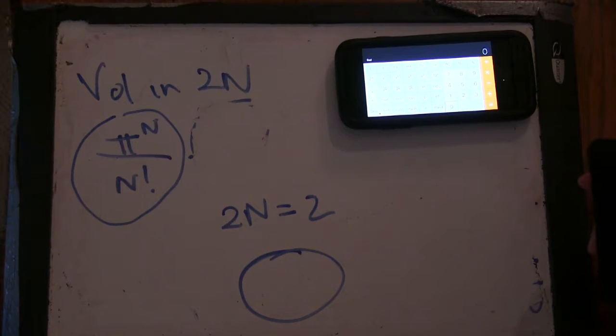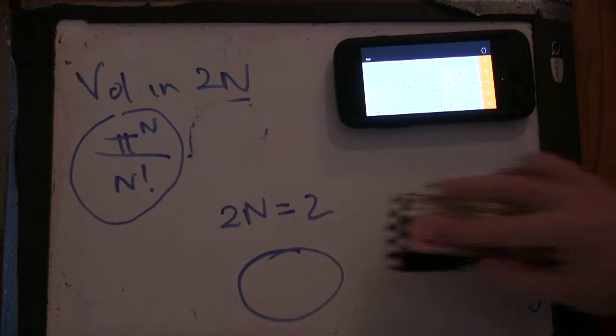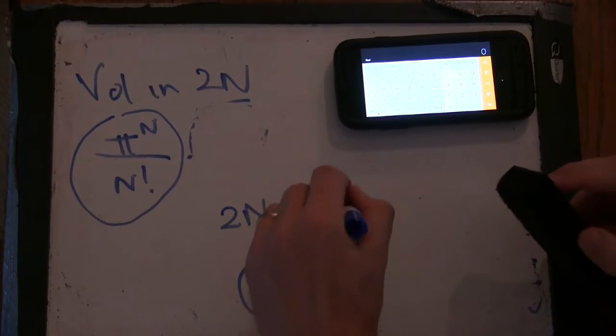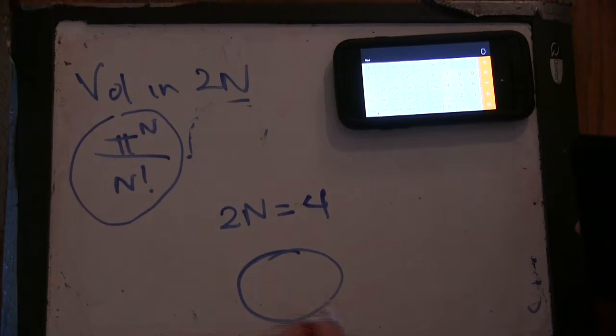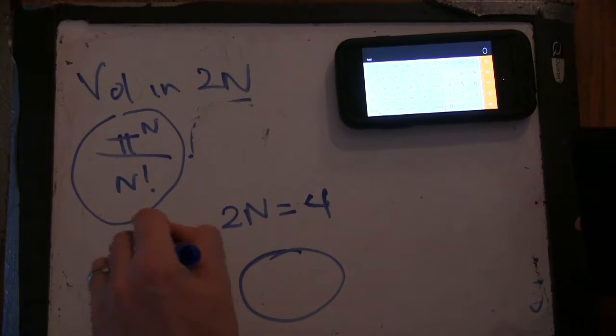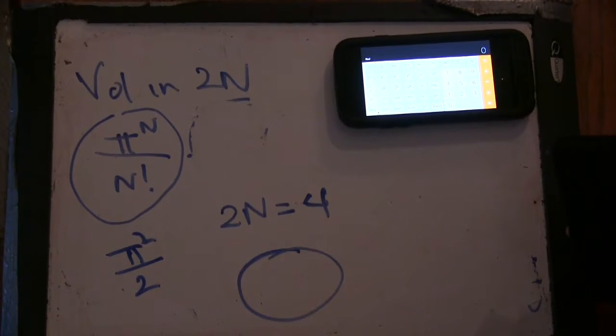Yes. In 4 dimensions, when 2n equals 4, what's the volume of a 4-dimensional sphere with radius 1? So n is 2 here, so pi squared over 2. So in 4 dimensions, the volume of a sphere actually has a really easy formula.